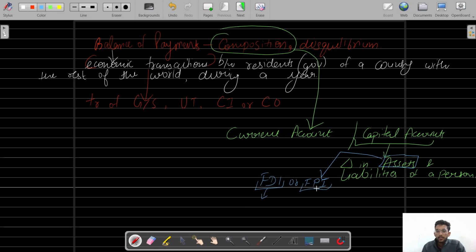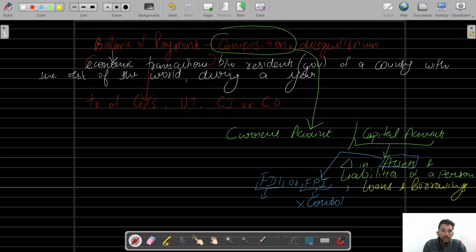But in FPI, you don't have control over the assets in the foreign country. This is the basic difference. And then come loans and borrowings. If your country is taking a loan from another country or borrowing from the IMF, etc., it comes under the capital account.